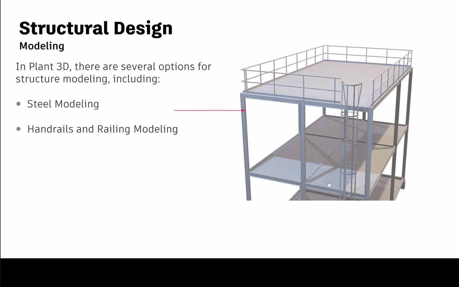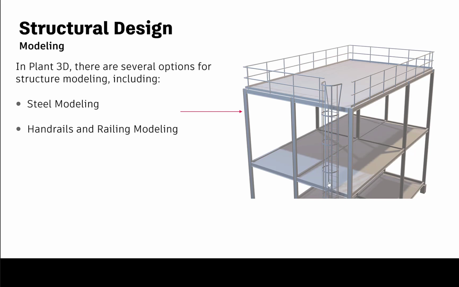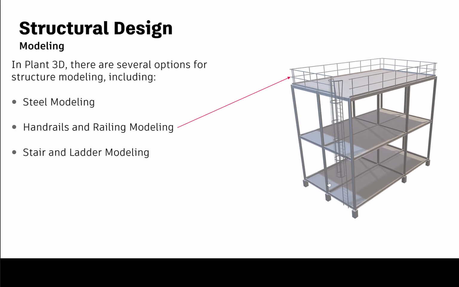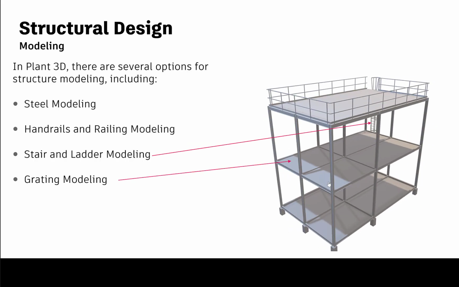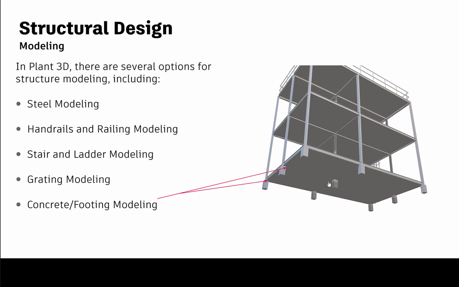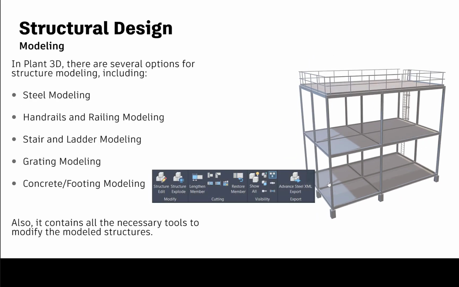There are several options for modeling, like your steel, your handrails and railing, your stairs and ladders, as well as your grating, as well as being able to model your concrete footing, with robust tools within the interface that allow you to modify some of those selected structures.